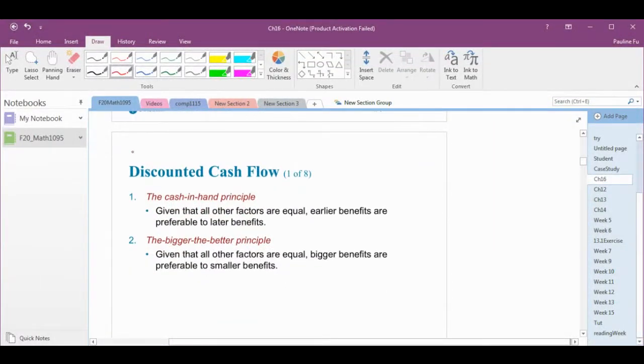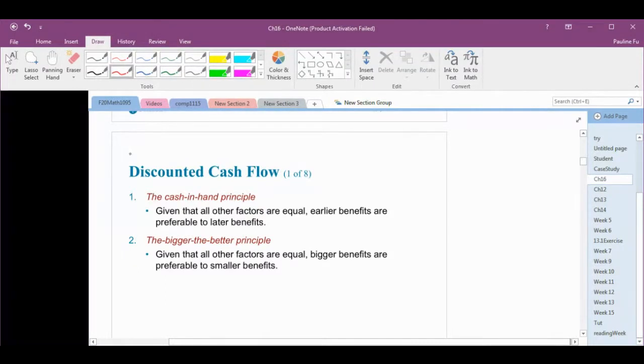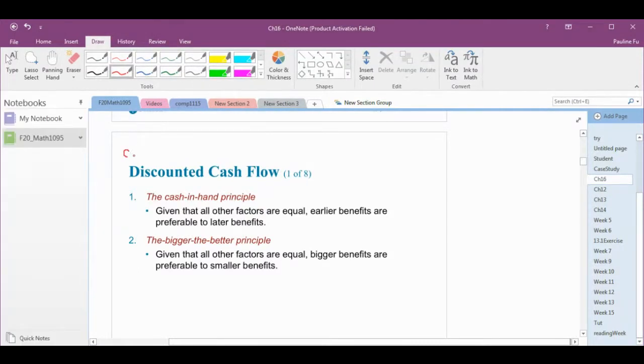So now that is the overview of chapter 16. Now we are going to present session 1. Session 1 of chapter 16, discounted cash flow. We have some principles to observe. One is the cash in hand principle.